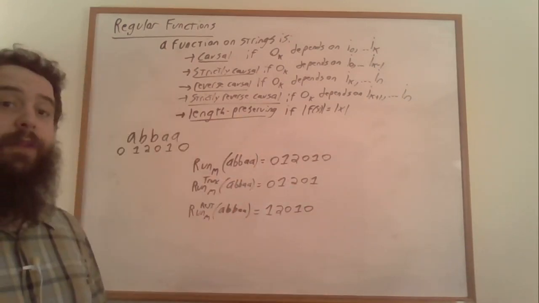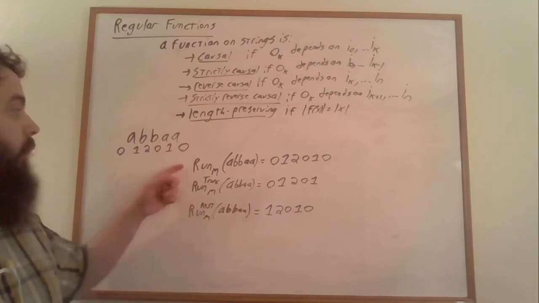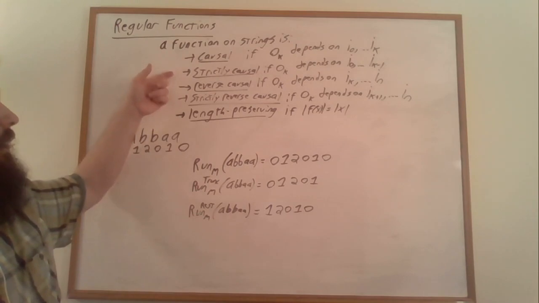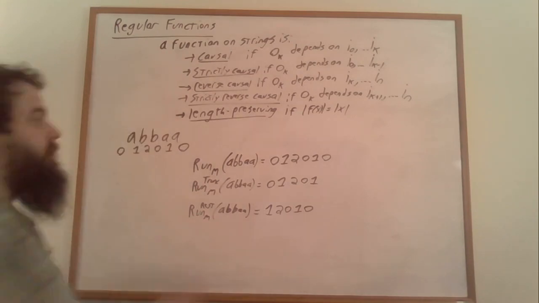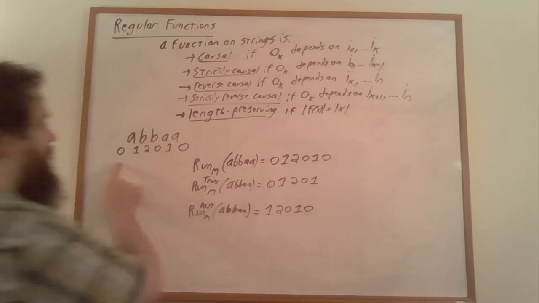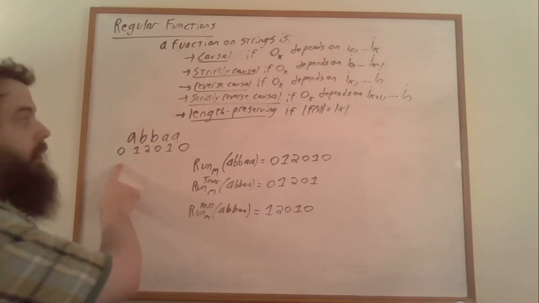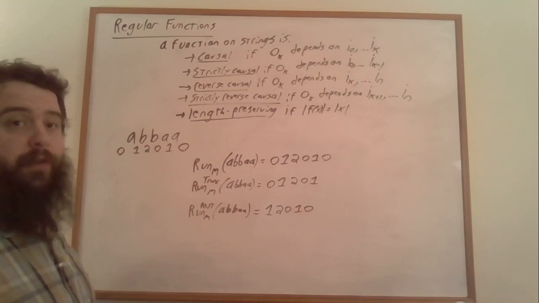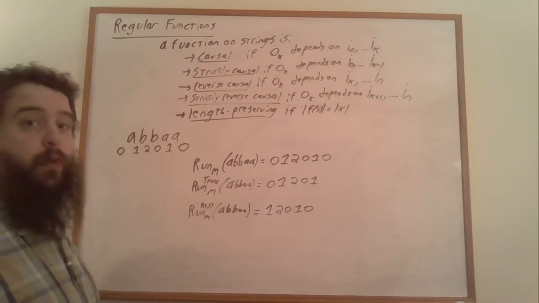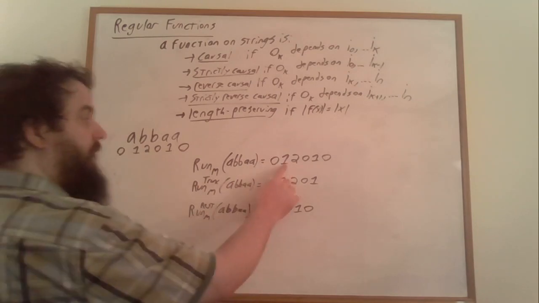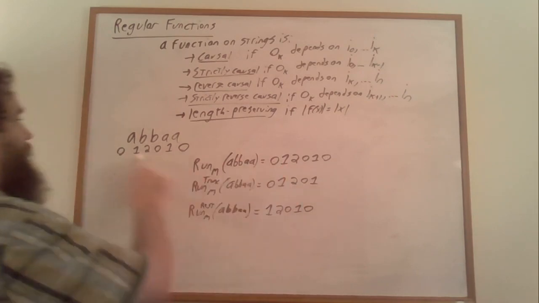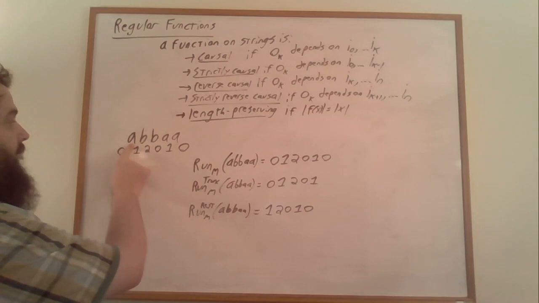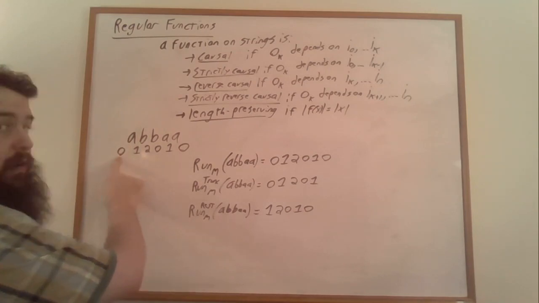For any deterministic finite state automaton, the run map and the truncated run map are both strictly causal functions. The first character of the output is the start state of the automaton, and so it's not going to depend on the input at all, just on what automaton we picked, just on the function we're working with. The second character of the output is what we get when we read in the first character of the input in the start state.